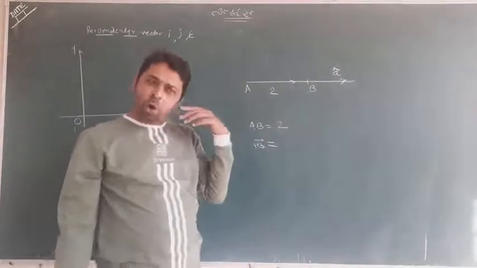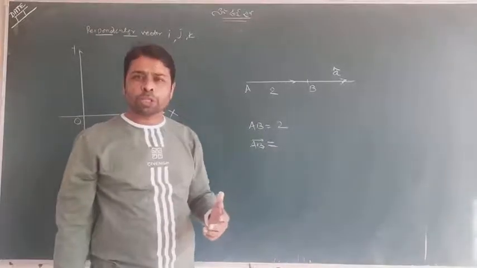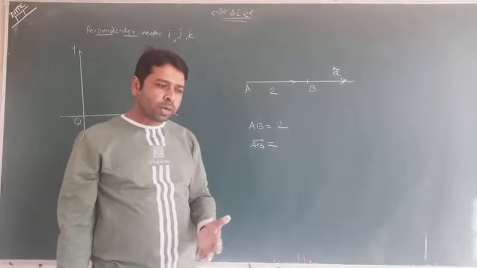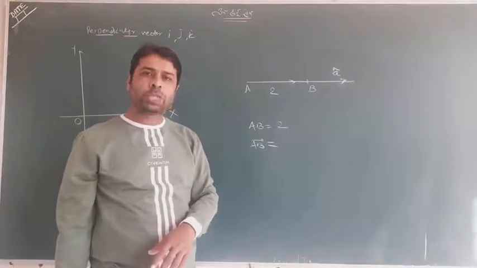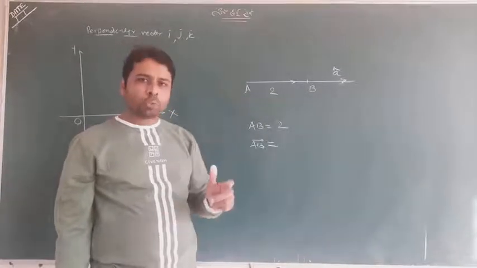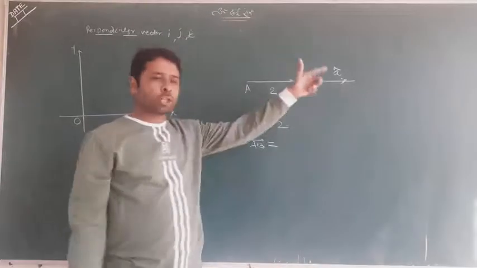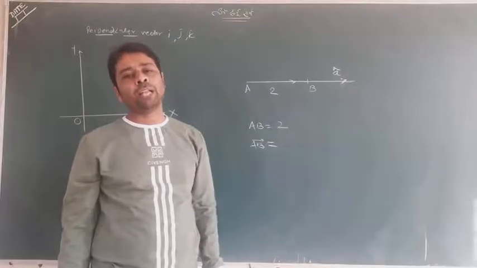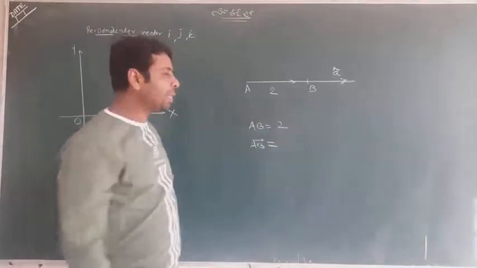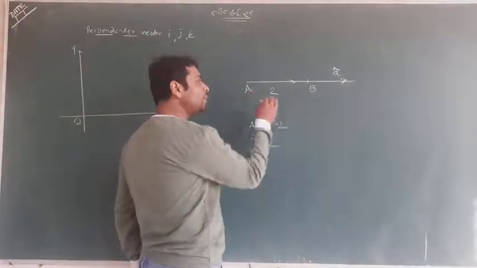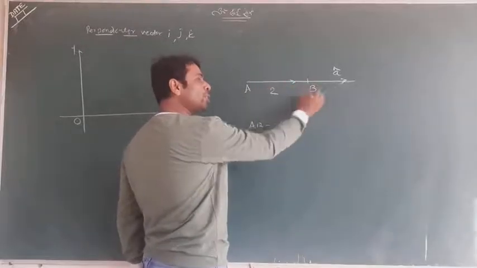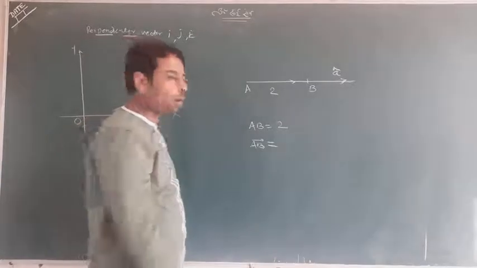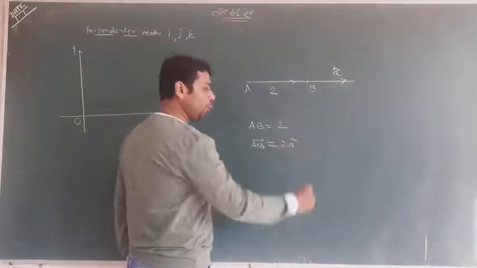In all this kind of questions, whenever the distance is given and you want to convert that distance into vector form, you need to take a unit vector in the direction of that vector. That 2 is actually the distance, but when you want to convert it into vector form, you will write 2a cap.